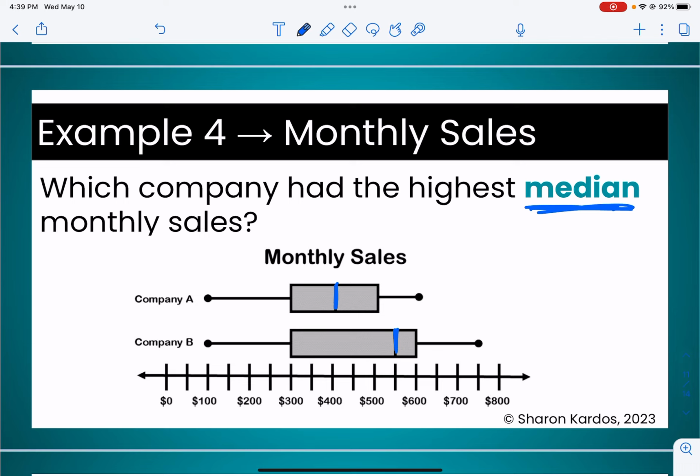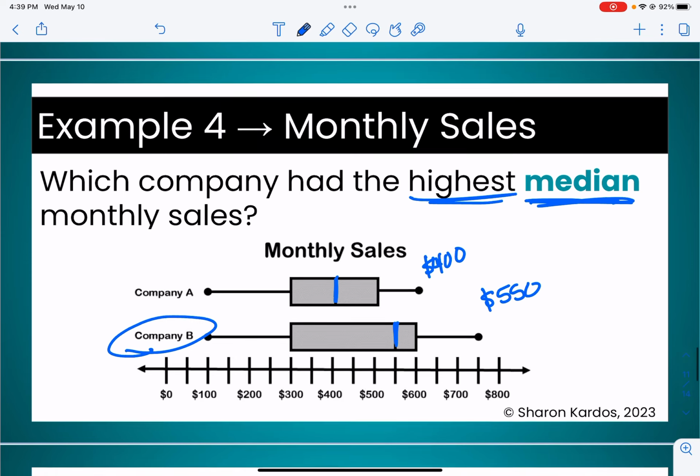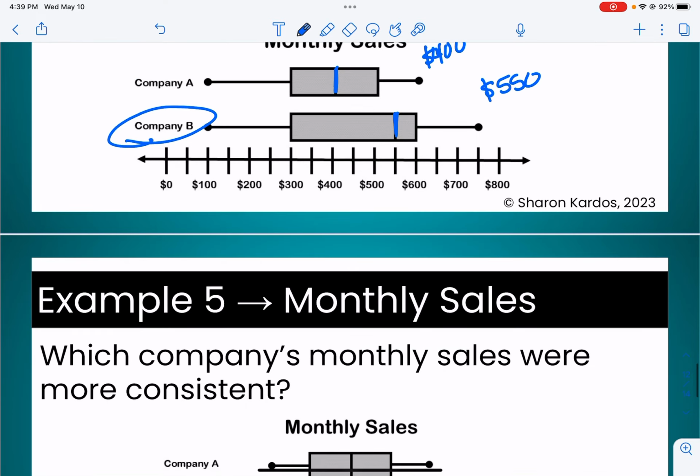So I can see that company A's median is about $400, and I can see company B's is about $550. So the highest median would go to company B. So they definitely had some better sales, it looks like.